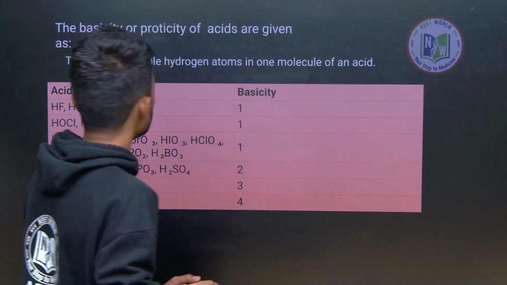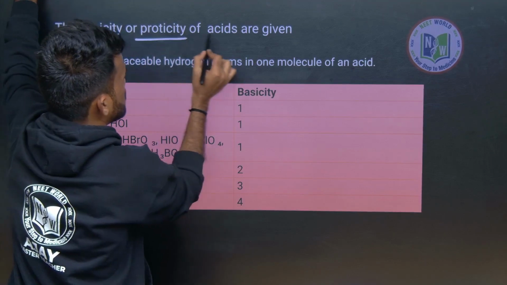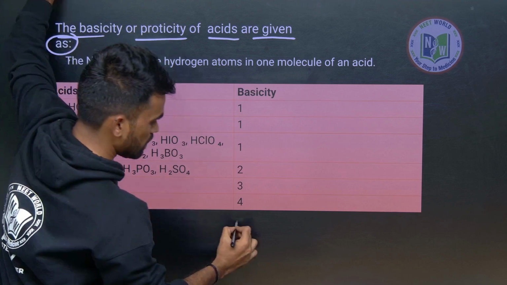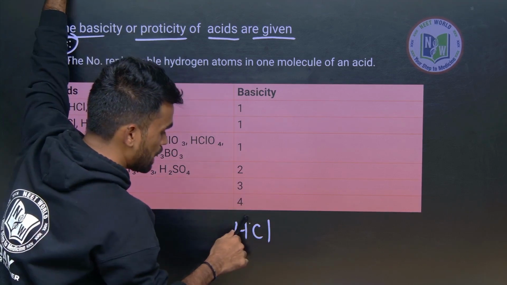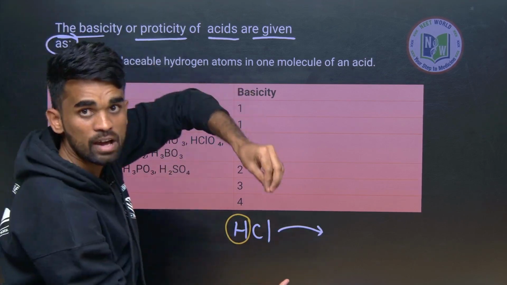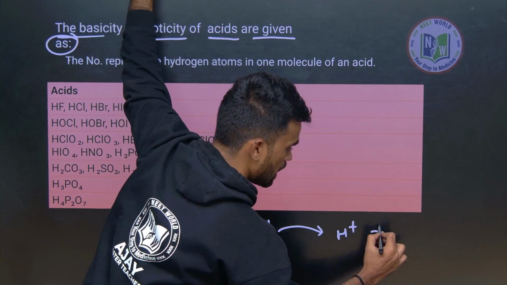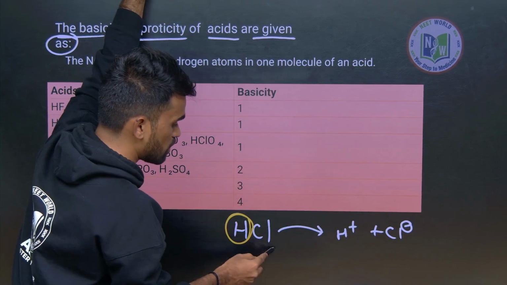Now one more thing you need to remember here. The basicity or protocity of an acid is given as follows. For example, take HCl, hydrochloric acid. How many replaceable hydrogens does it have? Whenever it is placed in an aqueous medium, water, it releases one H+ ion and a Cl- ion is formed. So how many H+ ions are released from this acid?